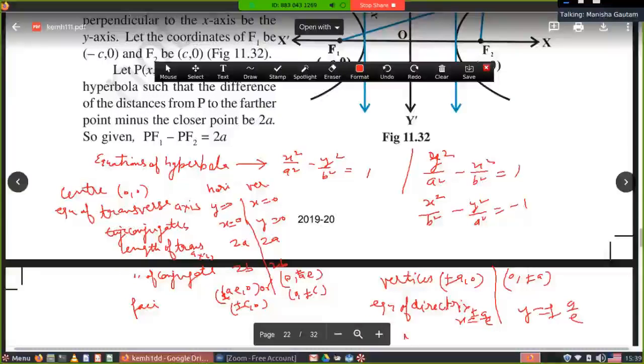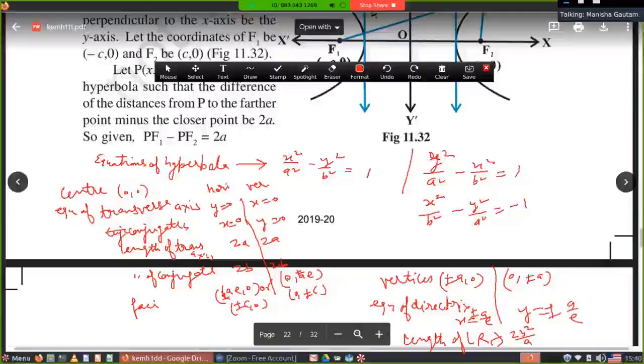Length of latus rectum will be 2b square upon a in both cases. Let's see if anything else is there or not. That is 2b square upon a.